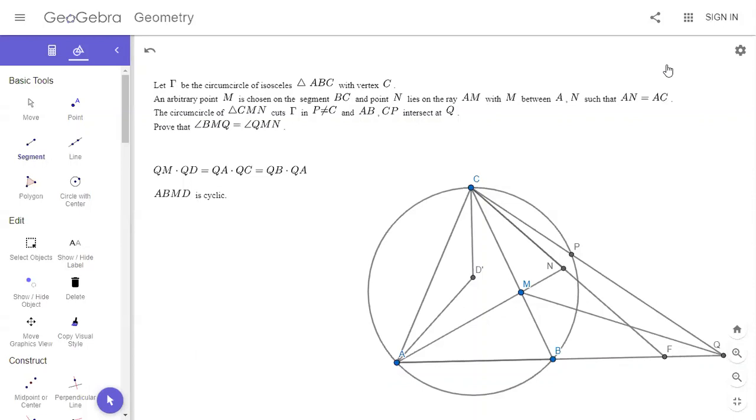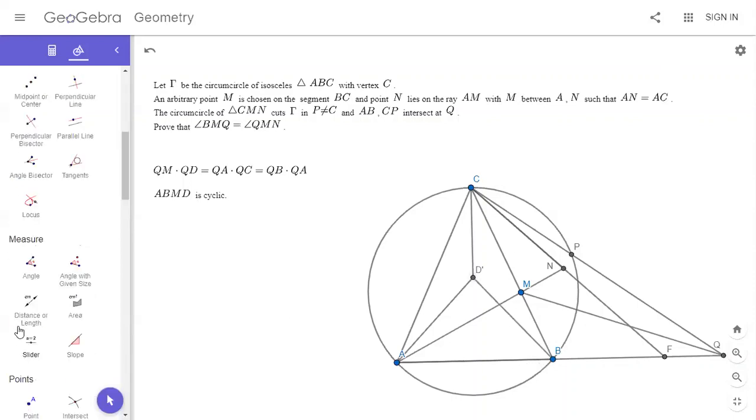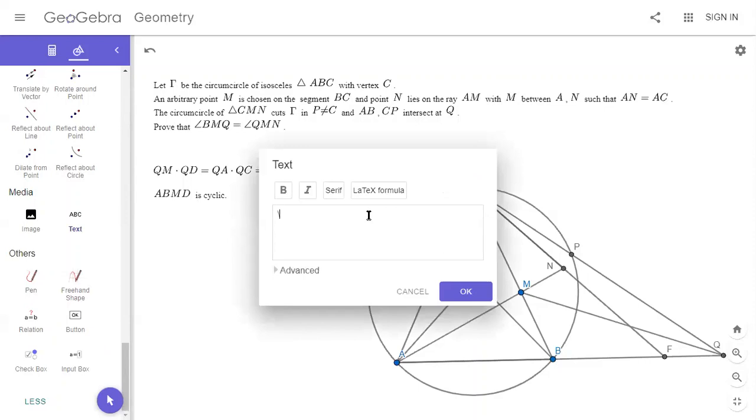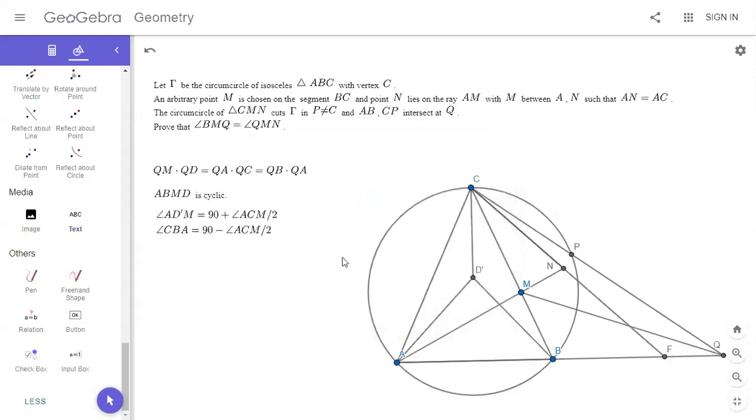The angle chase in the chat, let's see. I'm just going to type it out for the viewers.